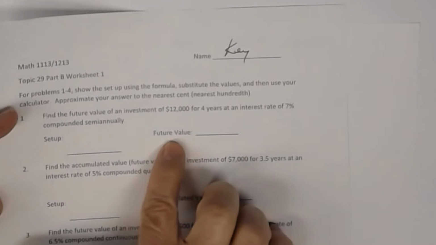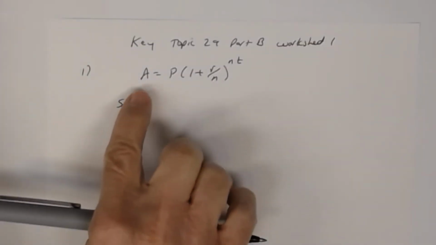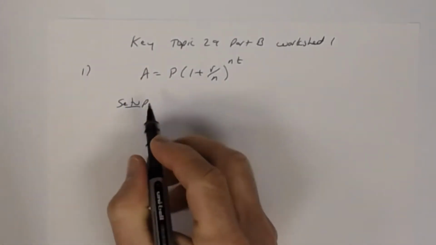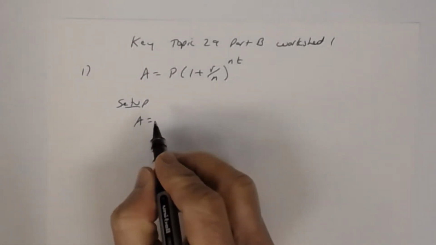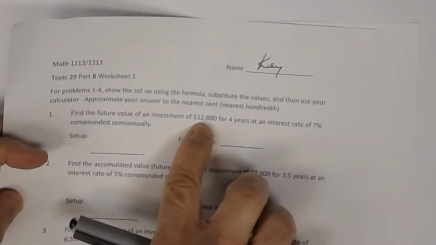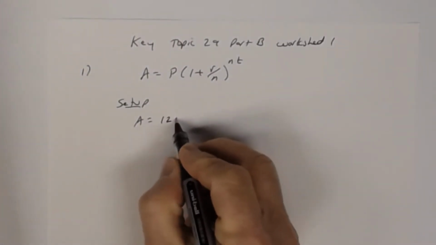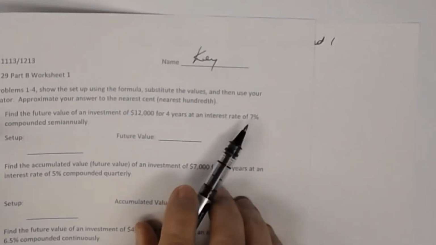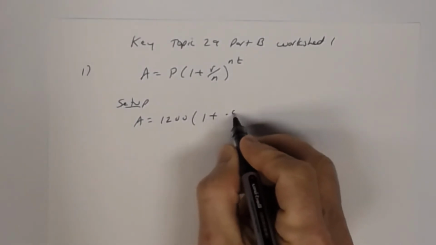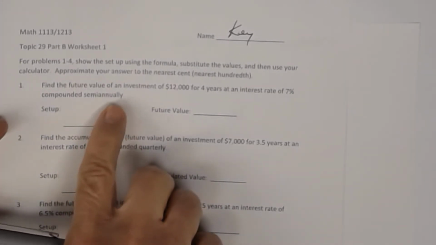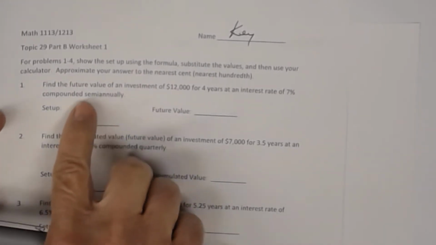It's asking for the future value, which is this A here, the accumulated value. So A equals 12,000, since P is the principal, the original amount, times 1 plus R. The rate is 7%, but you have to write it as a decimal, so 0.07, divided by N. N is the number of times interest is compounded per year.